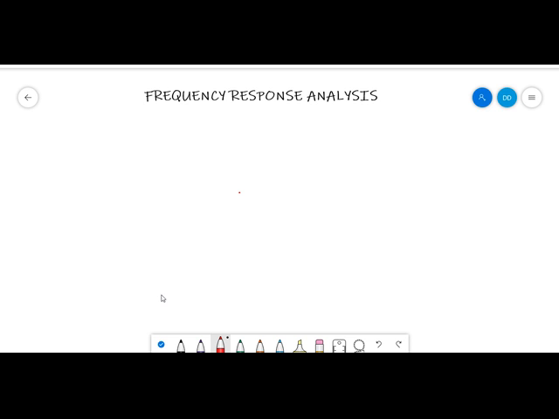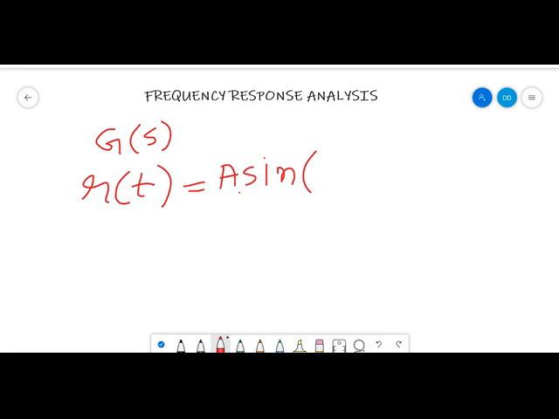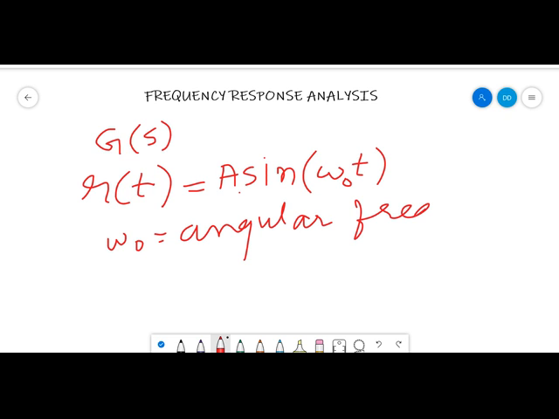So we'll consider the system which is having the open loop transfer function as G of S, and the input signal which is R of t, which is given by A sine omega naught t, where omega naught is the angular frequency.